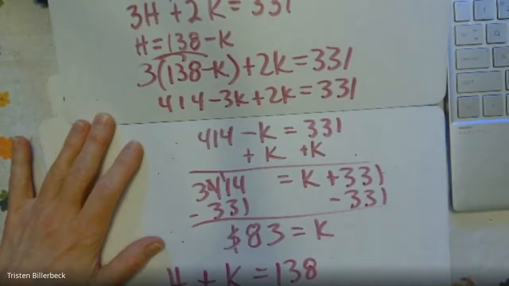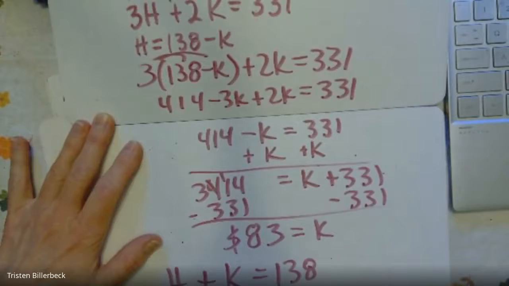And I have H, and I subtracted that. So that's minus K. So I have H equals 138 minus K, which is 138 minus 83. So that gives me H.